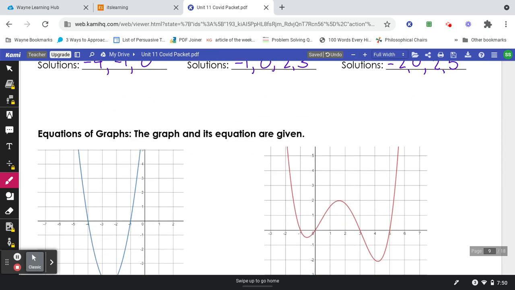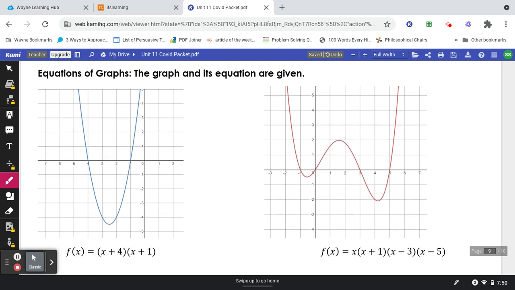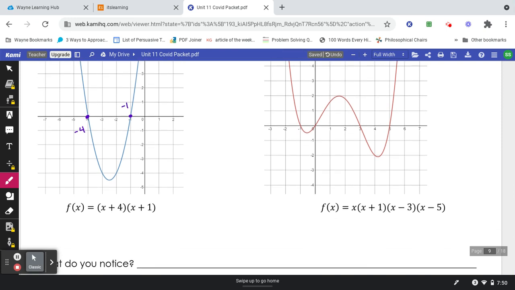Now in the next set, we're going to talk about the equations. So the graph and the equation are both given, and I want to see if you notice anything. So this crosses here at -4 and right here at -1. And notice the equation, x plus 4, x plus 1.